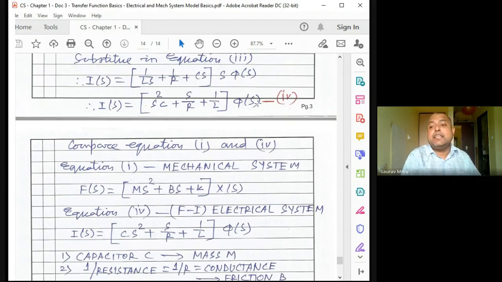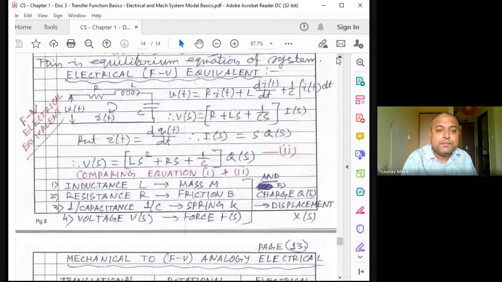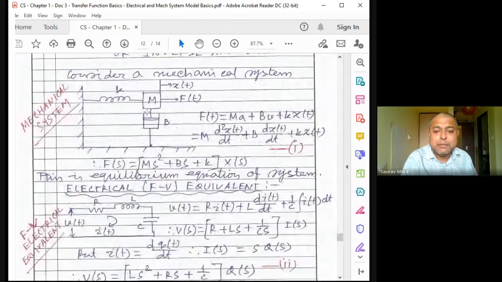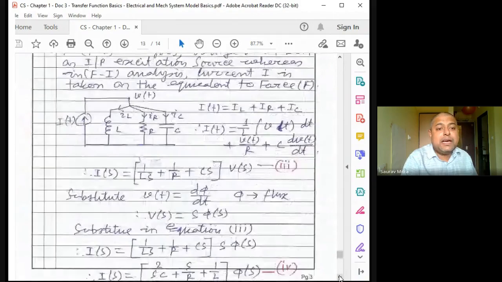If you are finding the analogy, the Fi analogy, the first thing is that current is proportional to force. That is the force current analogy, between the MBK circuit I have already shown previously and the parallel RLC circuit.